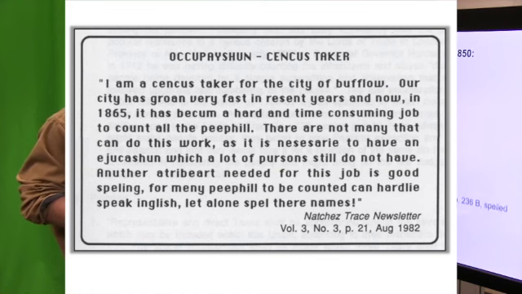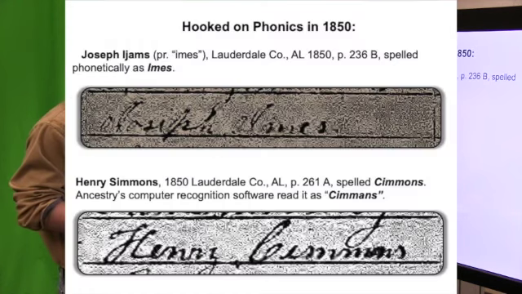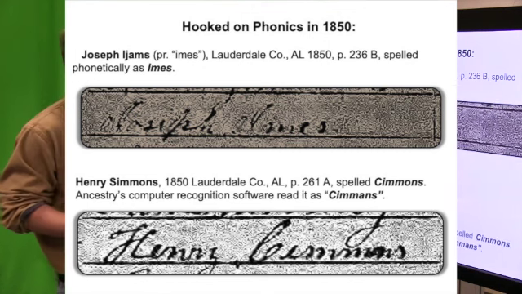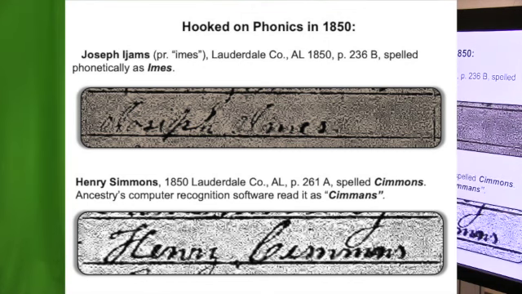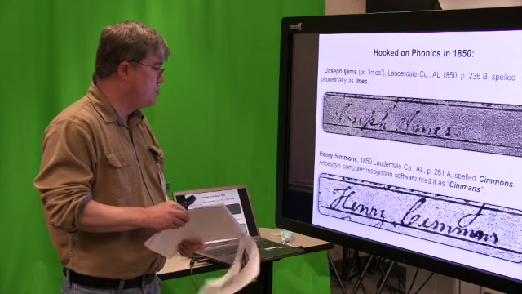So this is a real-life example of hooked on phonics in 1850 for my 4th great-grandfather, Joseph Imes. The way the family spelled it, the Alabama family, is I-J-A-M-S. It's pronounced Imes. They came from Cornwall in the UK in 1665. Well, the census taker spelled it phonetically as Imes, which is the way he heard it, and it makes perfect sense if you don't know the traditional spelling.